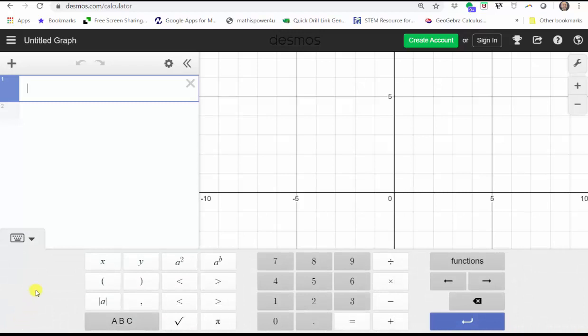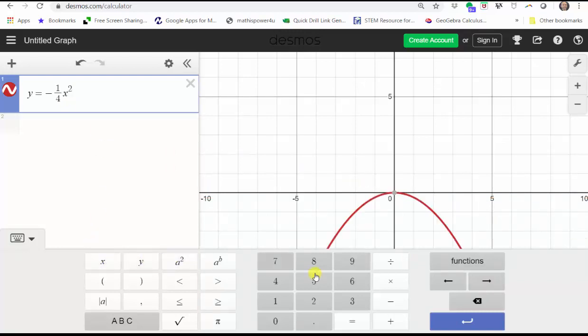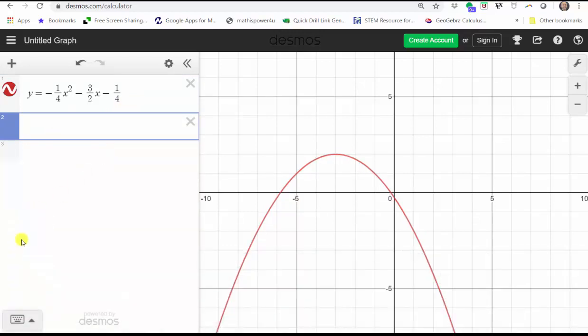Let's go ahead and enter the function using the Desmos keyboard, and therefore we enter y equals, for negative we use the minus sign, so -1 divided by 4, right arrow to get the cursor out from the denominator, x squared minus 3 divided by 2, right arrow, x minus 1 divided by 4, enter. Now that we have the function entered, let's close the keyboard by clicking the keyboard button again.